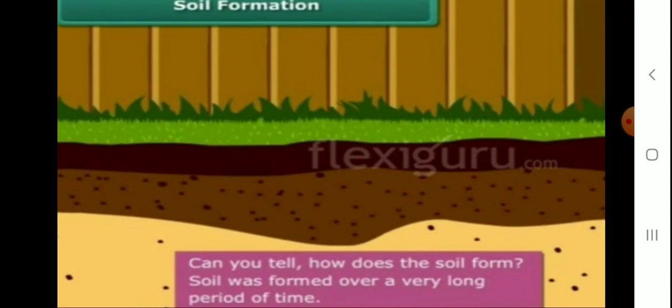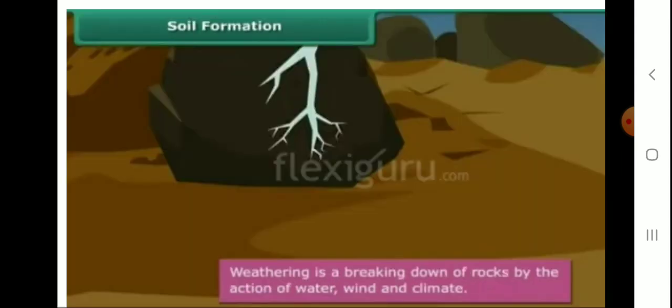Now, can you tell how the soil forms? Soil was formed over a very long period of time. Breaking down of rocks by the action of water, wind and climate, known as weathering, is one of the ways soil is formed.